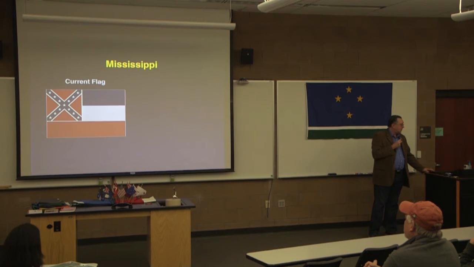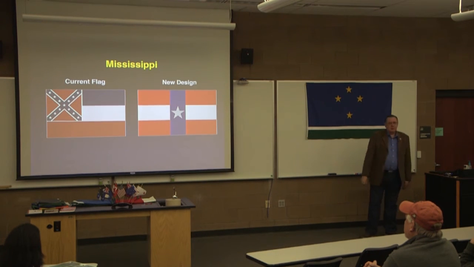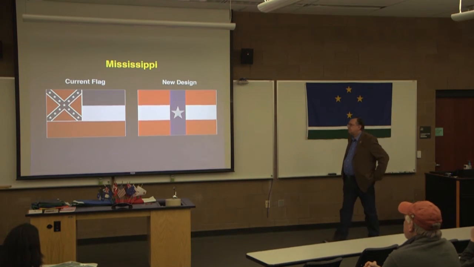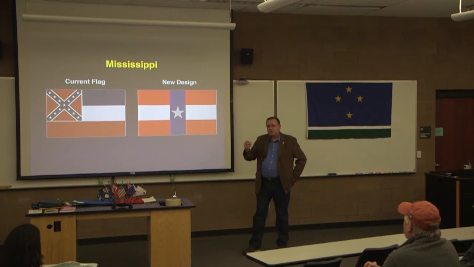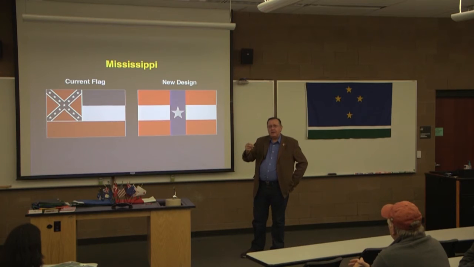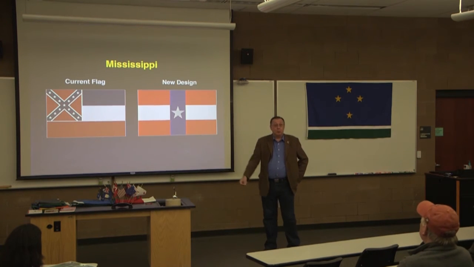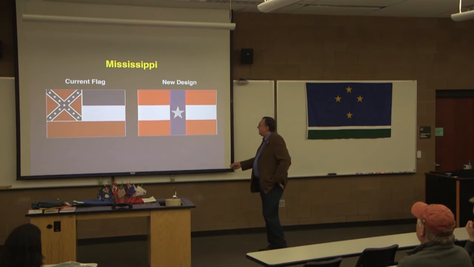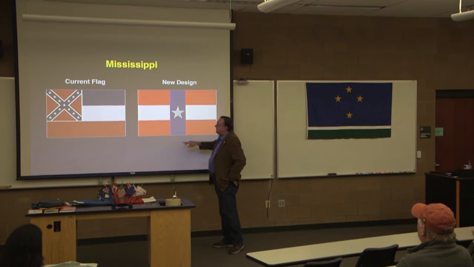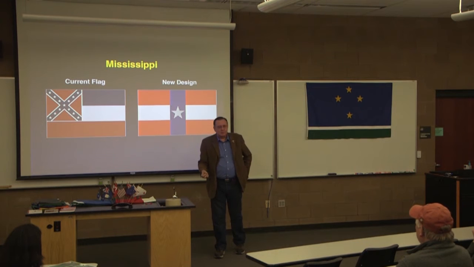So, current flag, here's my new design. I keep the horizontal red and white stripes. It alludes back to the original Confederate national flag, but without insulting people. There's still a bit of heritage there. And then a big blue stripe down the middle to represent the Mississippi River.